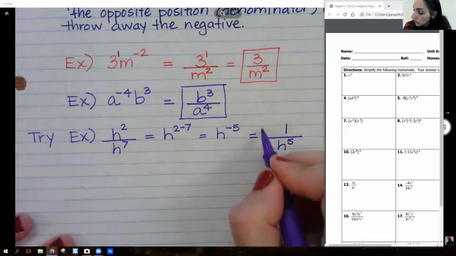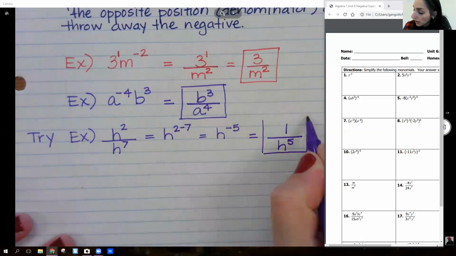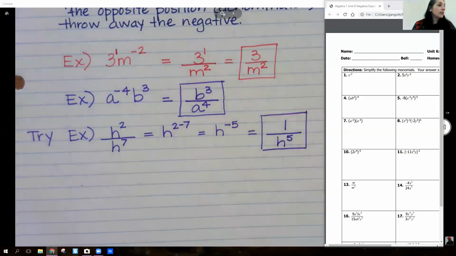So your answer should be 1 over h to the positive 5. Okay? How many of you got that? Great. Awesome.